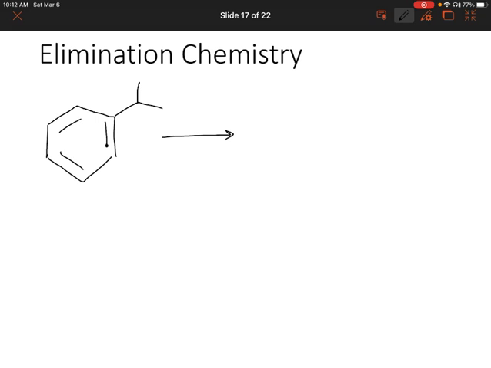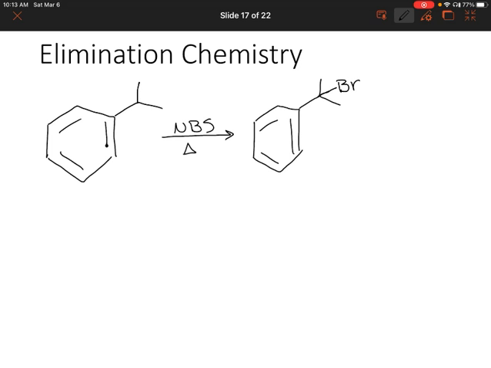How could we add a leaving group? What reaction did we use previously? NBS and heat or light. Okay, so that would add a bromine at the benzylic position. So we've got our leaving group.